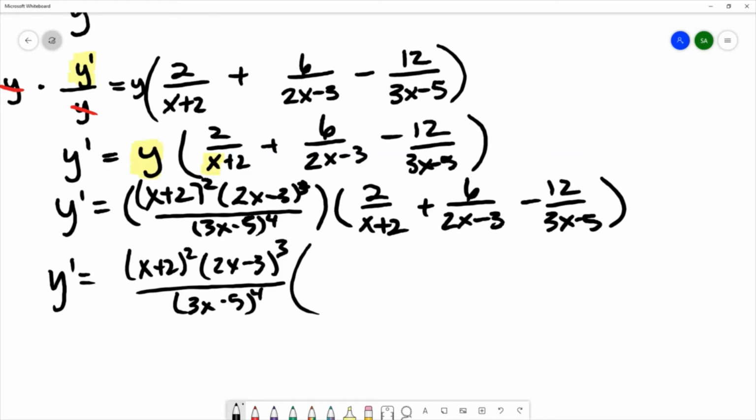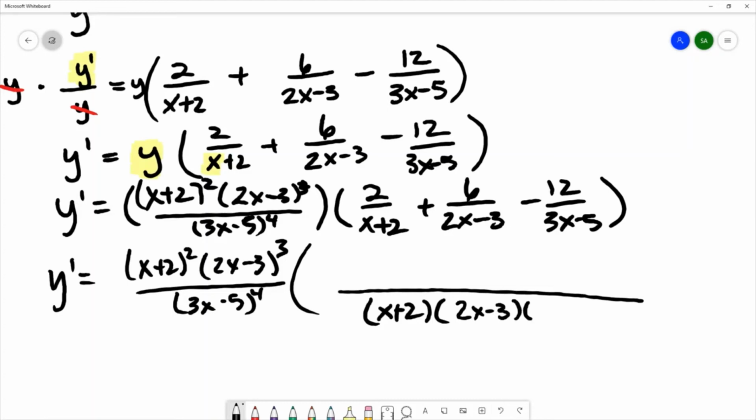So when you get a common denominator, you're going to have x plus 2 times 2x minus 3 times 3x minus 5. So this term here only has the x plus 2, so I need the two missing ones over here. That's 2 times 2x minus 3 times 3x minus 5.